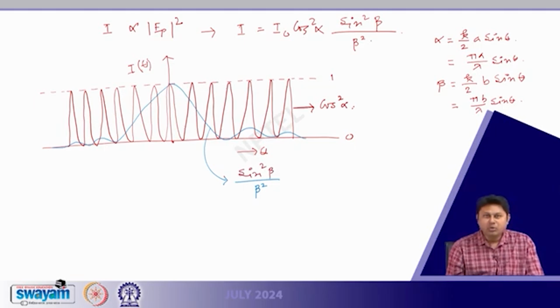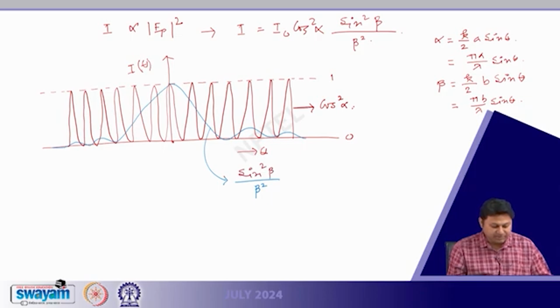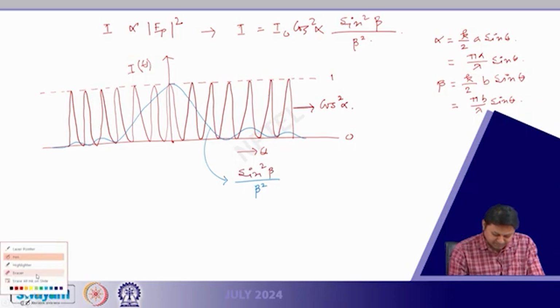So, red line and blue line, now they are situated as a multiplier, which means the original expression should be something like this.